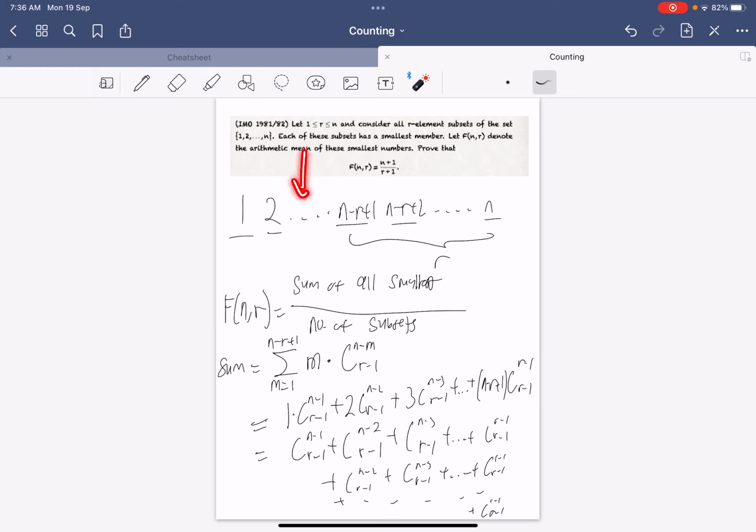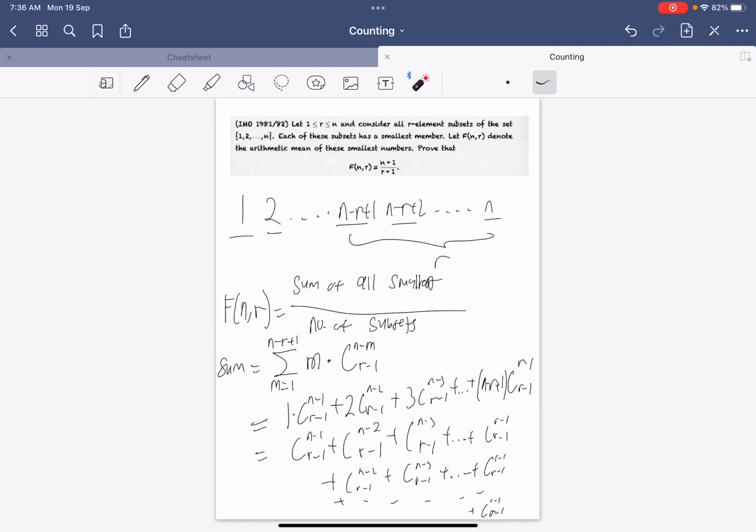So once we have an m here, we can only take elements from n minus m remaining choices. And so, from these n minus m remaining choices, we need to choose r minus 1 of them. And that is the number of sets that m is the smallest element.